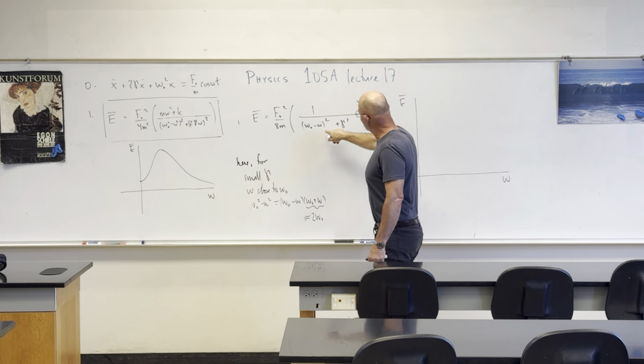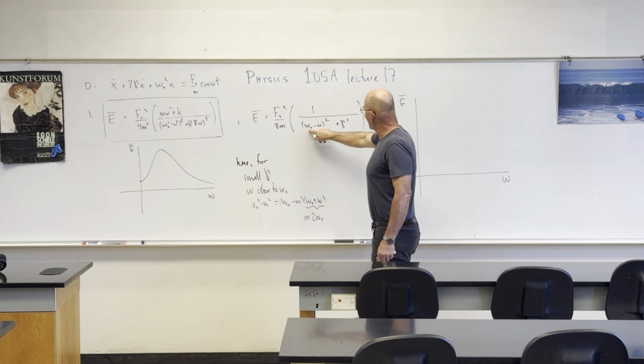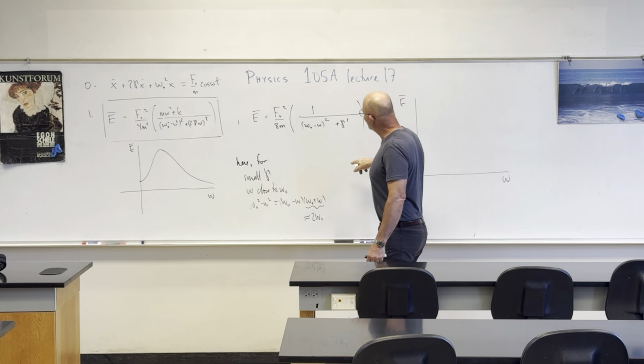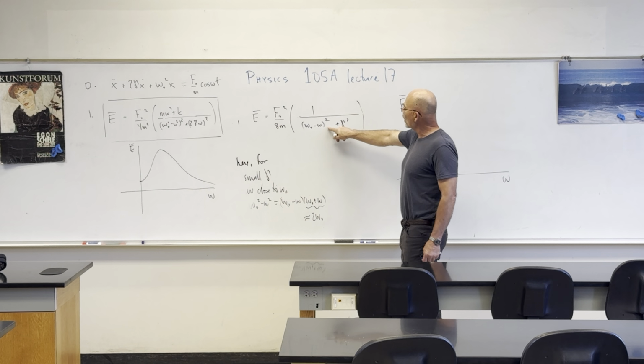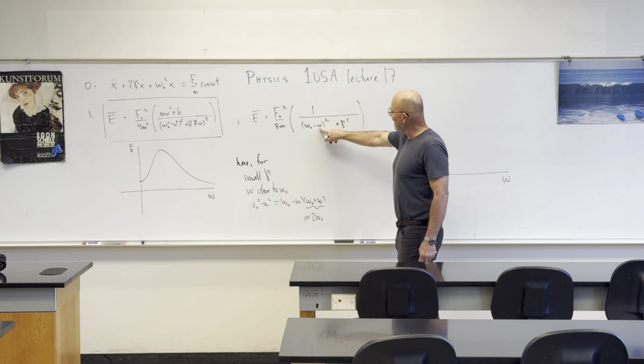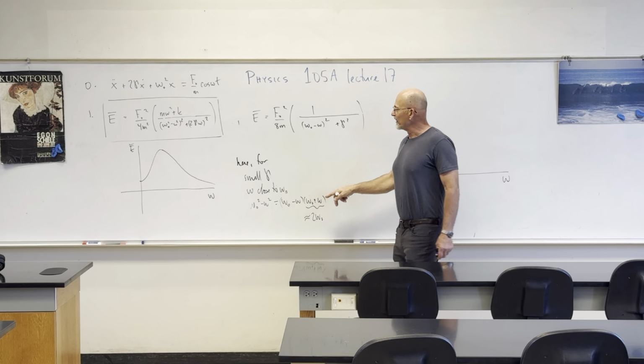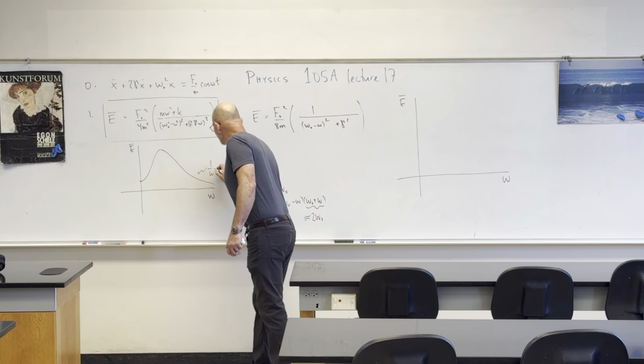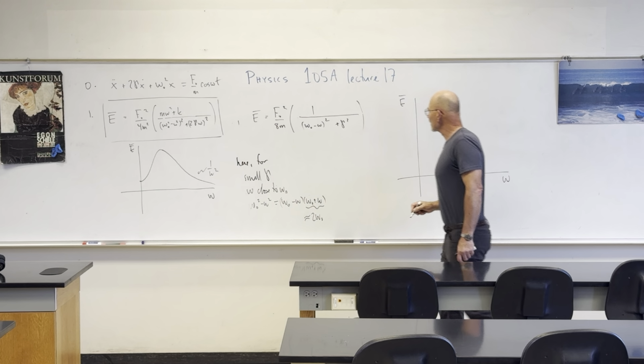We're going to have omega naught squared plus gamma squared. Okay. And also, as omega gets really large, we can see that we're going to have that omega squared behavior that we talked about right here. Right over here, it's 1 over omega squared. So we're going to retain that.